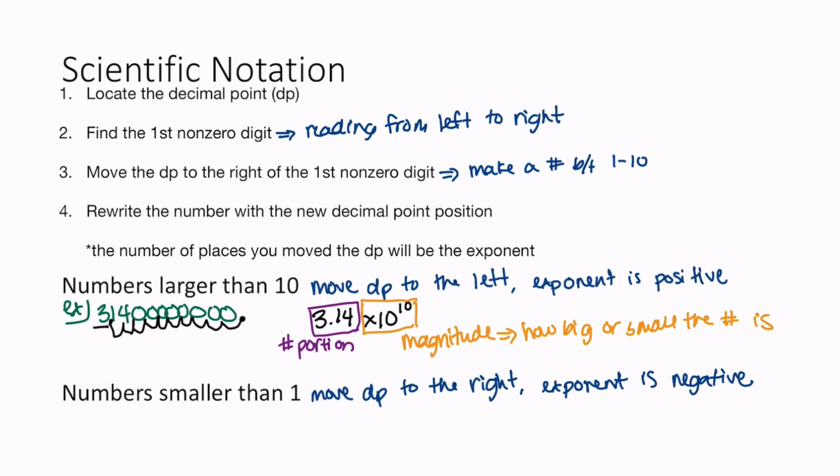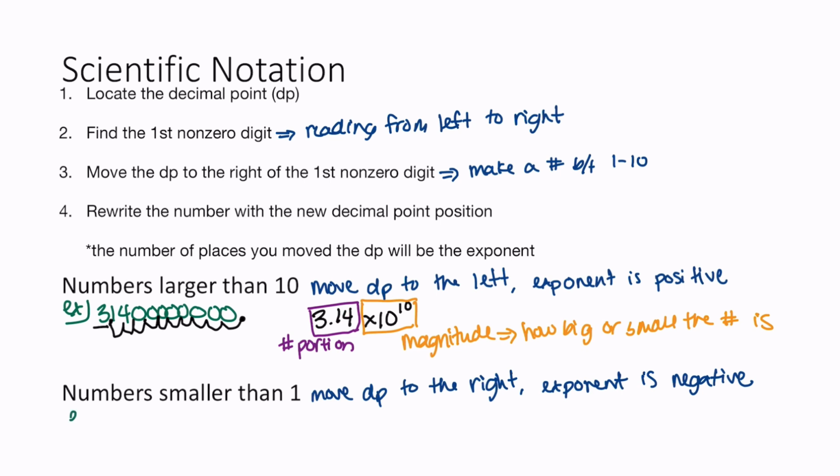So I cannot quickly tell you what this number is. It's too many zeros. I'd have to move the decimal points. I cannot really give you anything except for I know it's a really big number. However, I can quickly identify how big and the magnitude of the number when it's written in scientific notation.